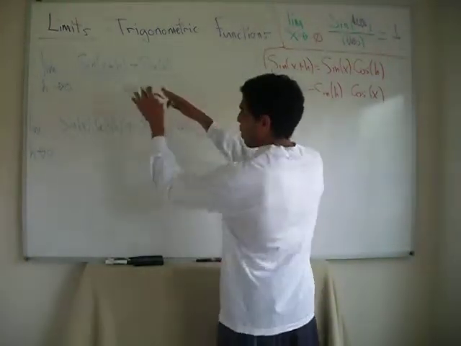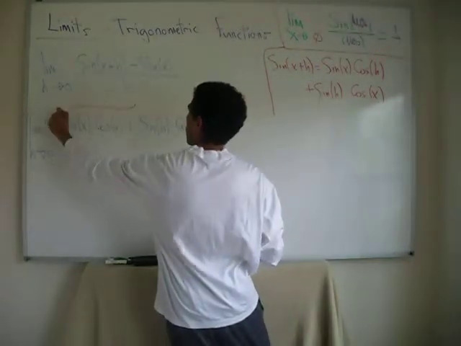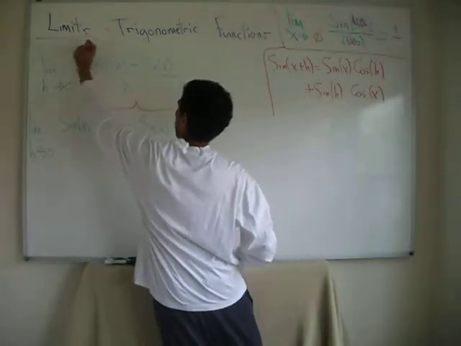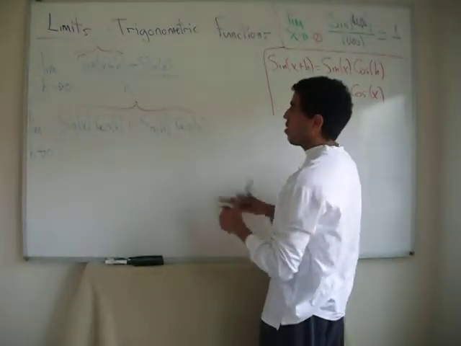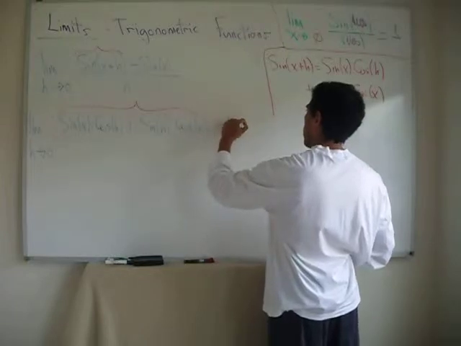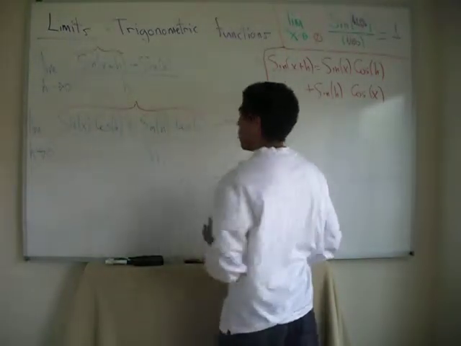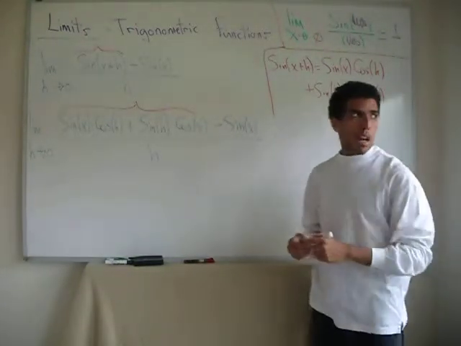This is just expanding the sin of an addition. This is equivalent to this, and then minus sin x, minus sin of x over h. I just expanded.